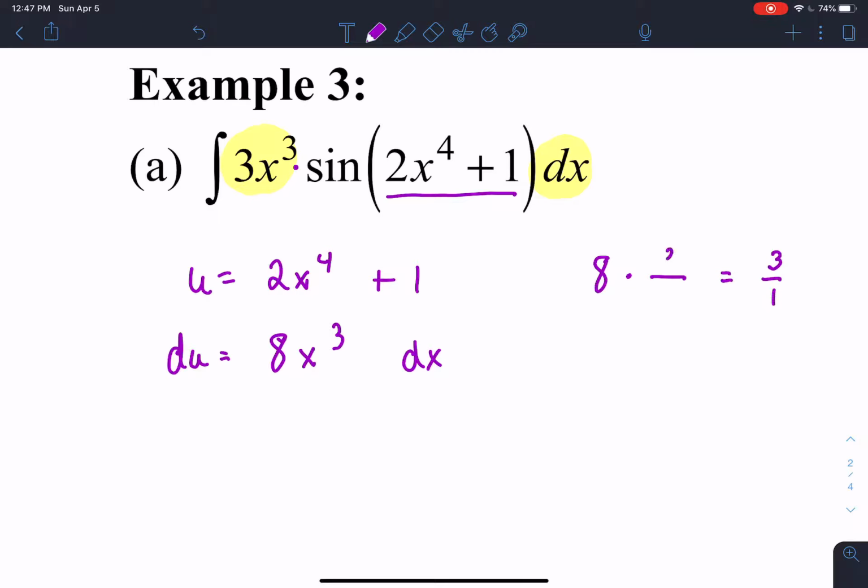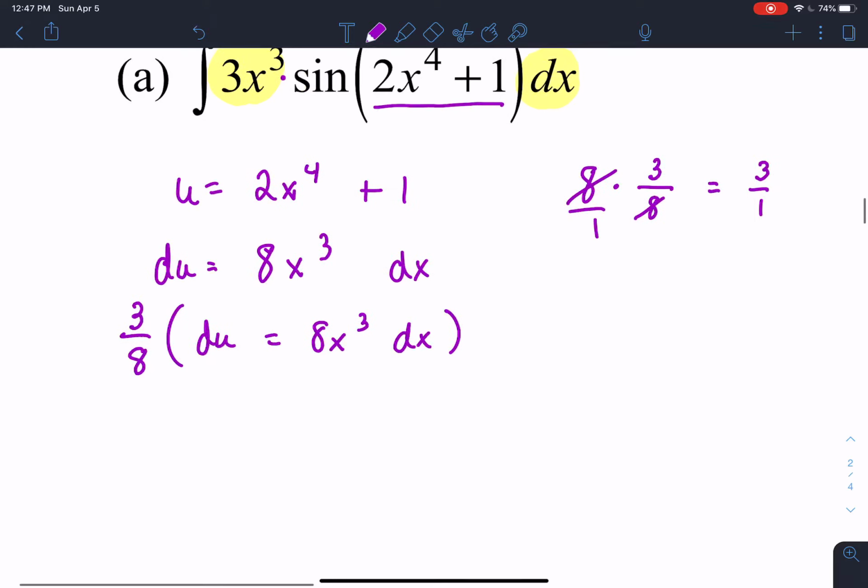If I multiply by 3 over 8, these 8 terms are going to cancel each other out, and that's going to give me 3 over 1. So I can multiply the whole thing by 3 over 8, and that gives you 3/8 du equals 3x cubed dx.